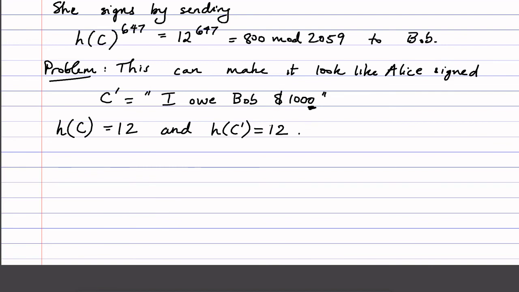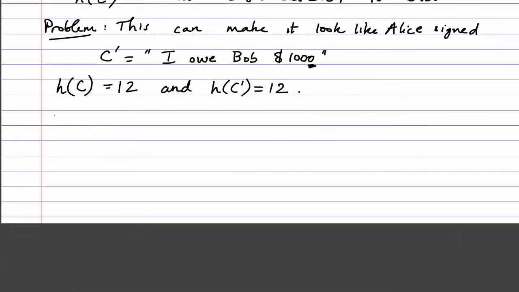So this is a problem. And it's only a problem because our function H was very, very simple. It was easy for Bob to come up with a different contract, C prime, that had the same value when plugged into the function H. So you can fix this by just using very, very complicated functions.